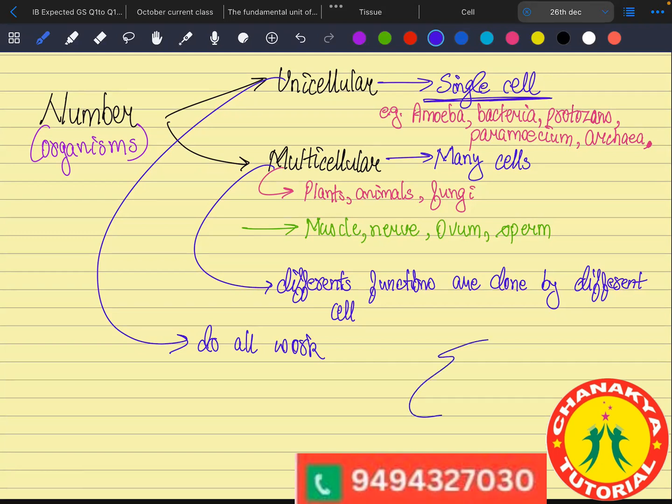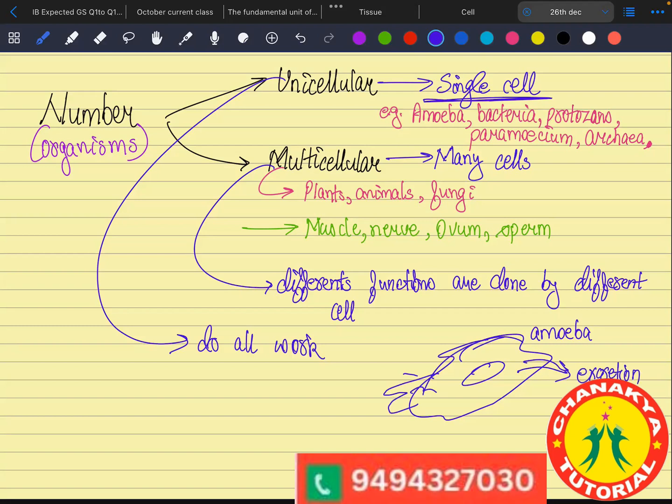Like we take the example of amoeba. It is itself a single cell. It will also eat food, and this cell is also responsible for excretion.